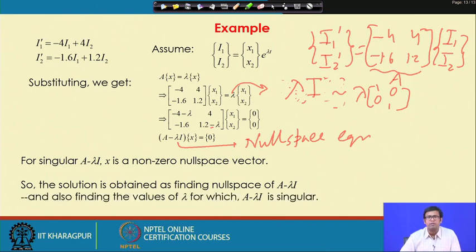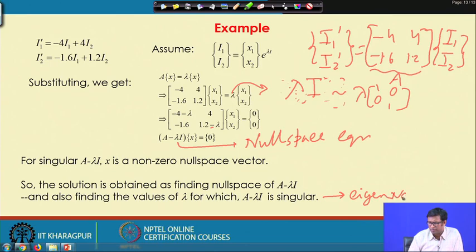So, it is also finding the values of λ for which A minus λI is singular. We have to find a value of λ for which A minus λI is singular, and this value will be called the eigenvalue. And for this λ, the null space of A minus λI will be the eigenvector.